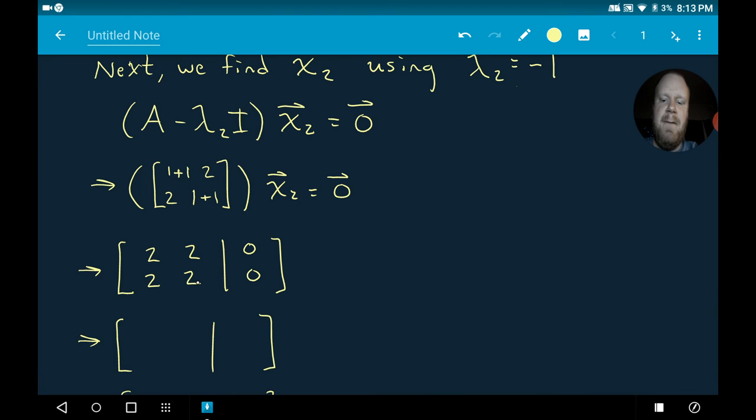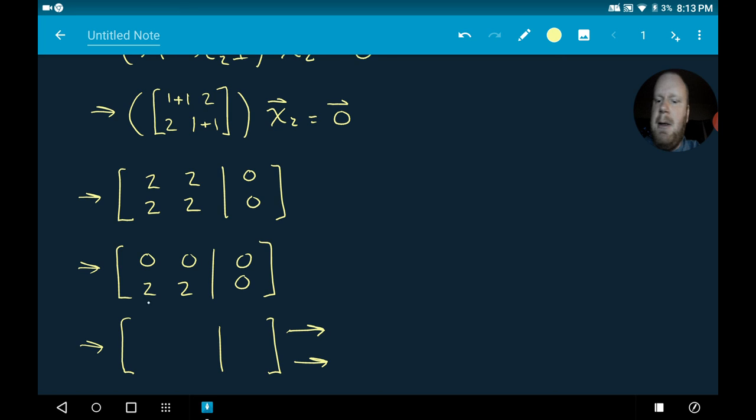So first thing I'll do is just subtract this one from the second one. And then I'll divide this one on the bottom here by 2.